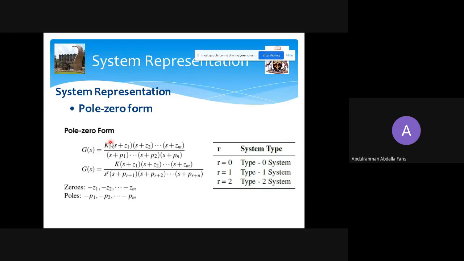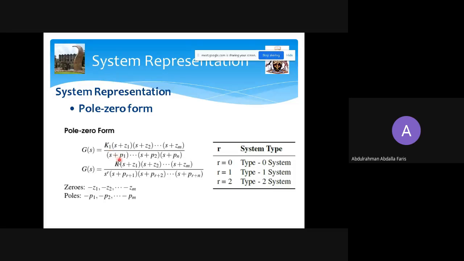So you can see we have, in brackets, s plus z1, s plus z2, till s plus zm, so our last zero is zm, and same thing with the denominator. When you arrange your transfer function into this form, we say this is a pole zero form.